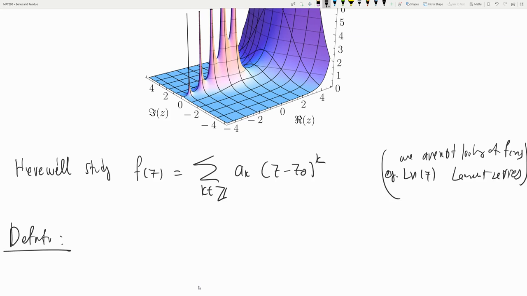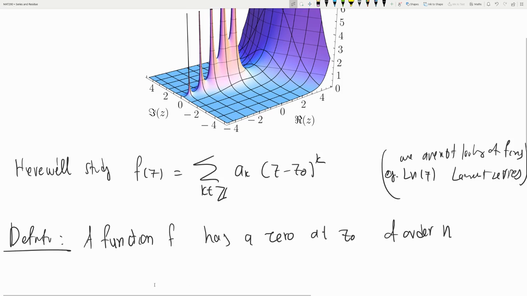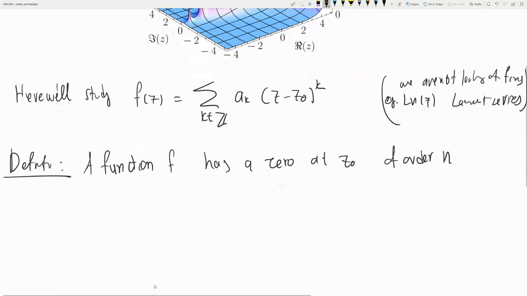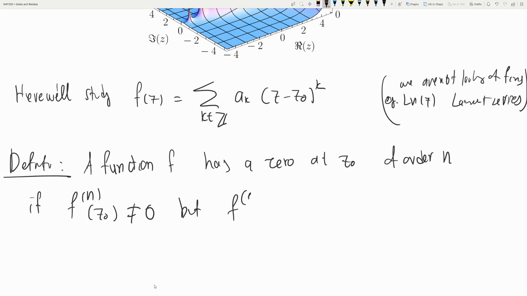Definition. A function f has a zero at z naught of order n if the nth derivative of f is not zero, but f, f prime, up to the (n minus 1)th derivative, are all 0.